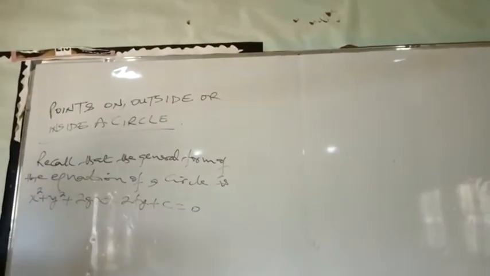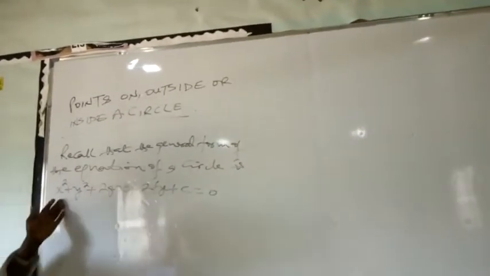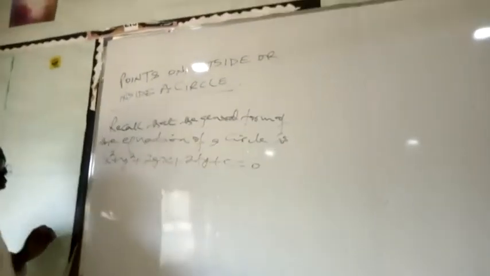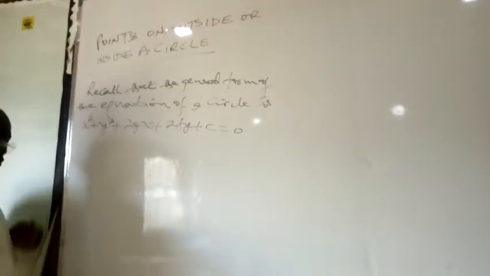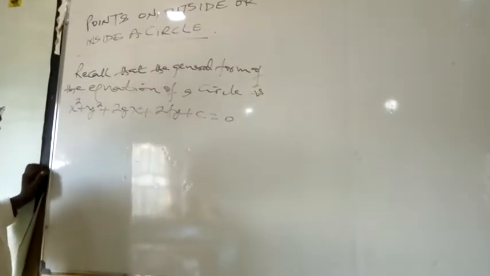This is the general form of the equation of a circle. Now, what do you observe from here? That the general form of the equation of a circle is a function of two variables.